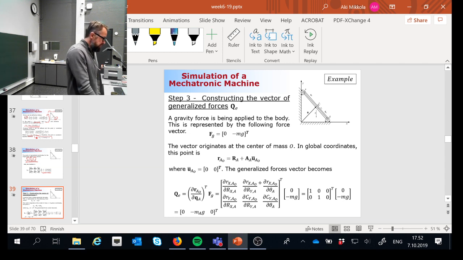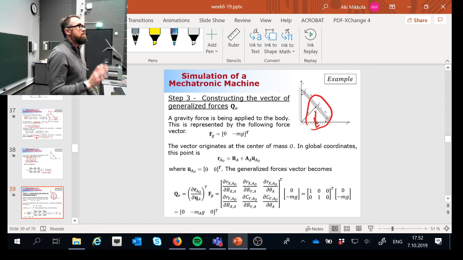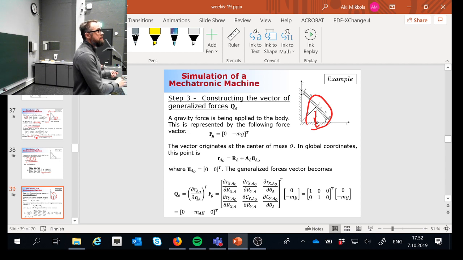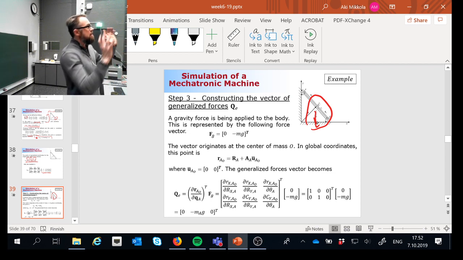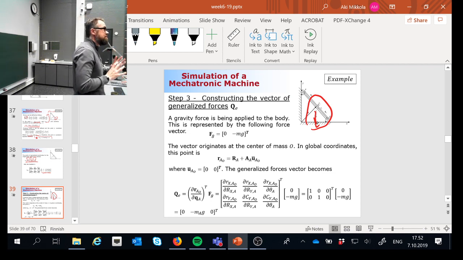Step number 3 is generalized external applied forces. This is going to be simple because, look, the forces applying in the system are only the gravity force, and I have some good news. The body reference coordinate system is located in the center of the mass. Helps quite a bit.